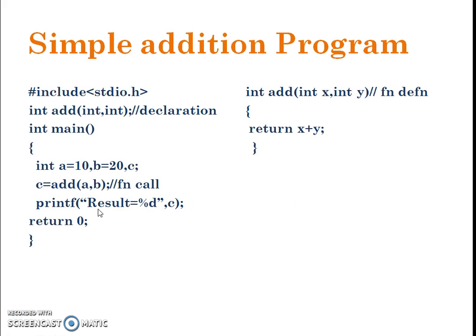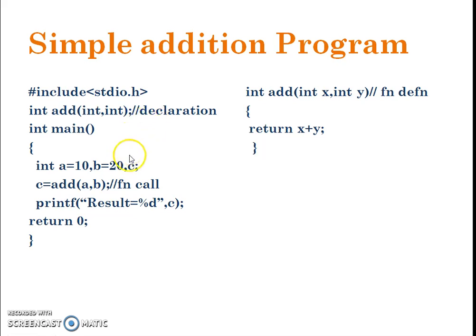Now I will show a simple addition program using a function. Before I explain the entire code, first I will tell you where the function elements will be placed. See here, after the header file we declare our function. This is called the function declaration.